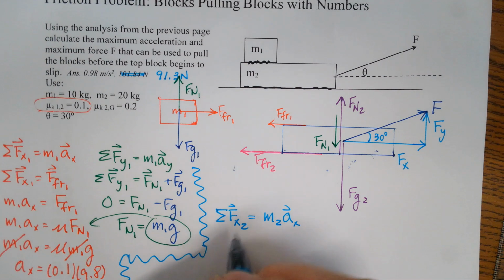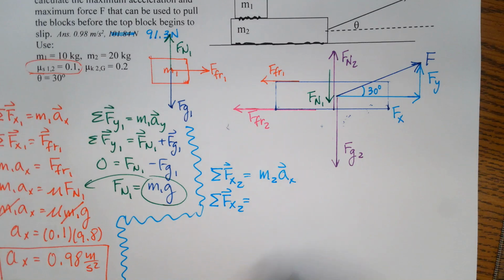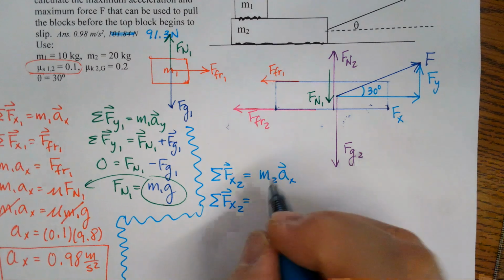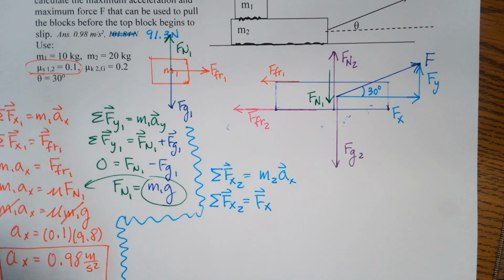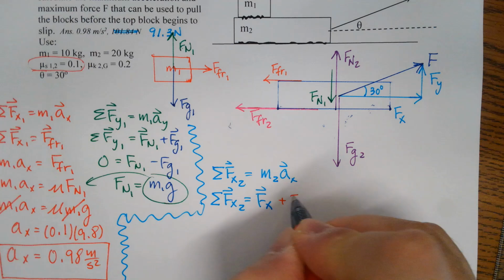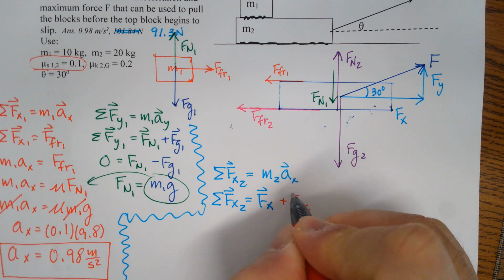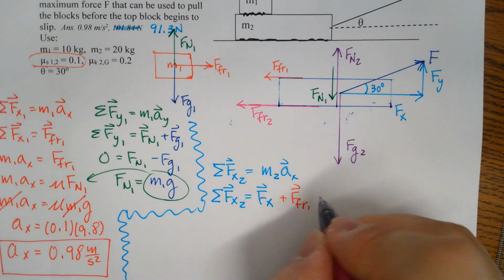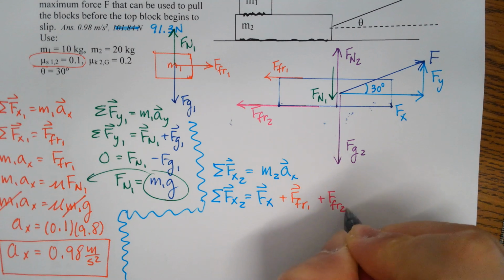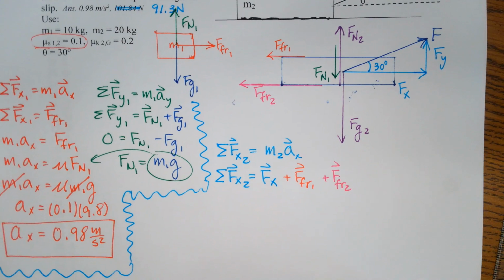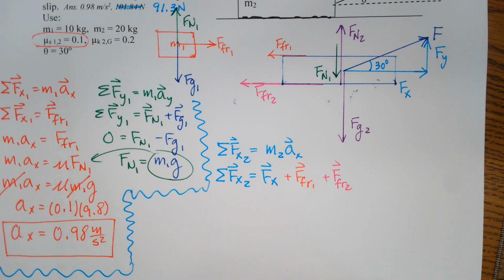Then sum of all forces in the x direction for mass 2 is equal to, well, it looks like I have Fx, right, plus F friction 1 plus F friction 2, right?